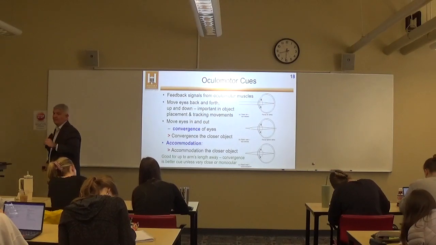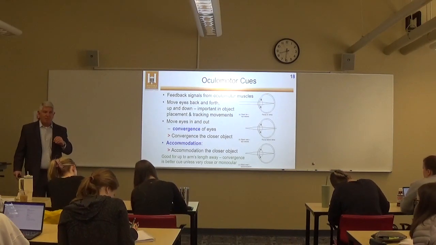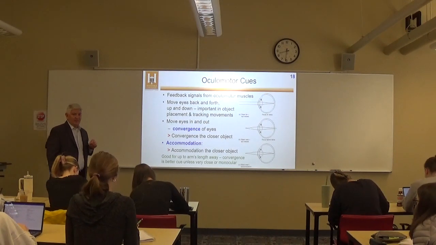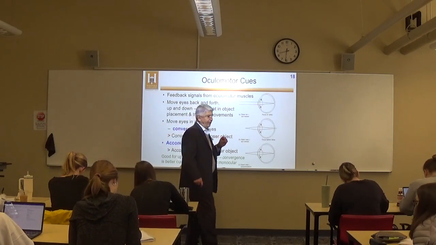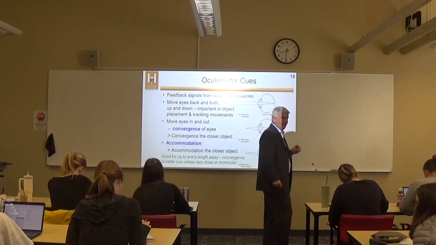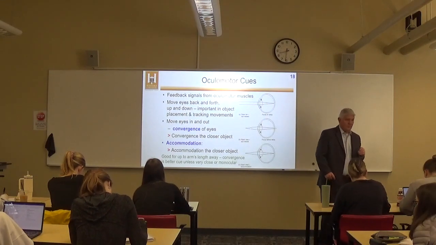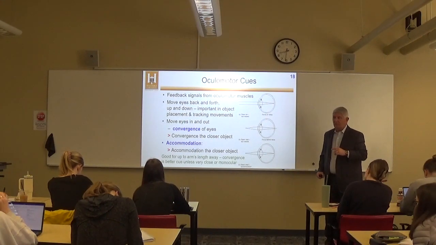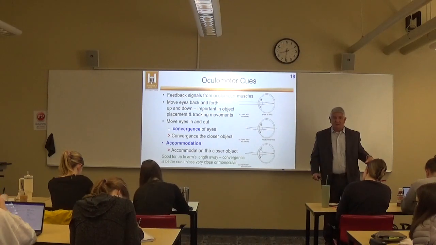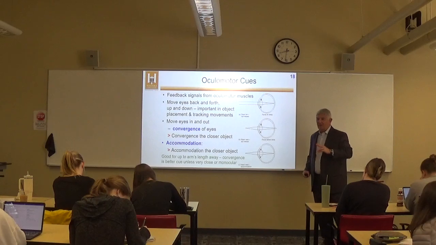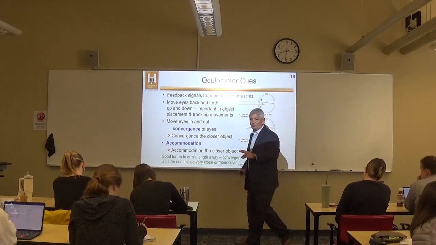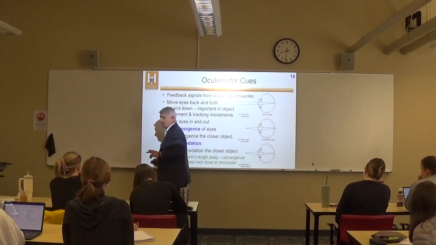Both of these are muscle signals. These are motor cues as to where our eyes are focusing, something up close, something far away. So we have a bunch of monocular cues, we have 2 motion cues, and now 2 oculomotor cues for depth perception. That's it.